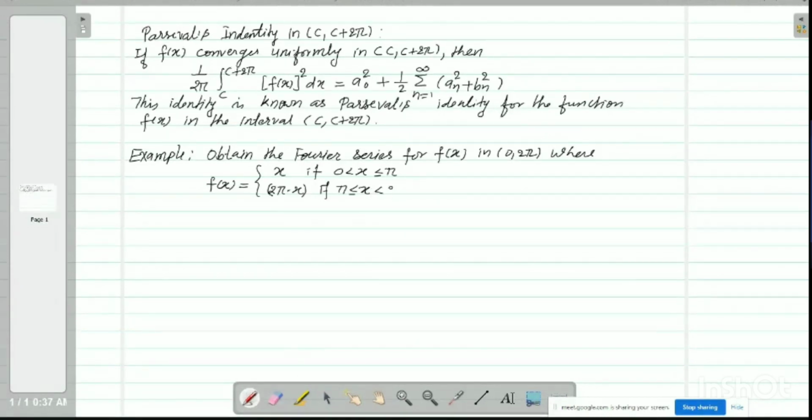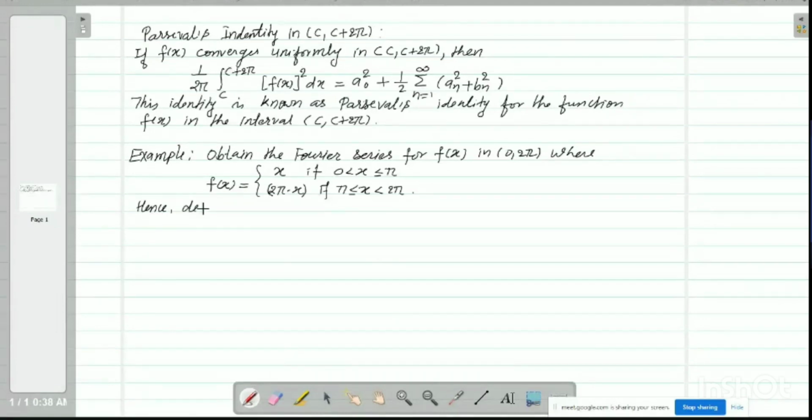Your original interval is 0 to 2 pi, but the function is split into two parts, so your interval must be split into two parts.